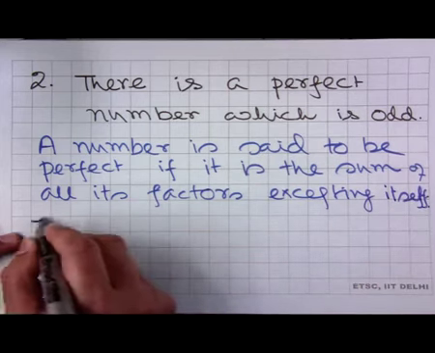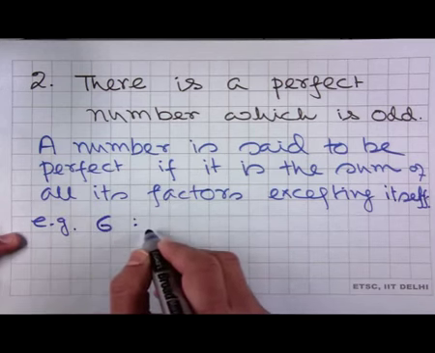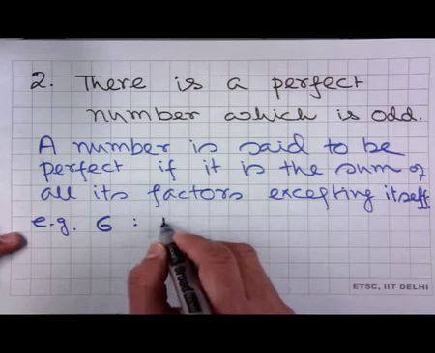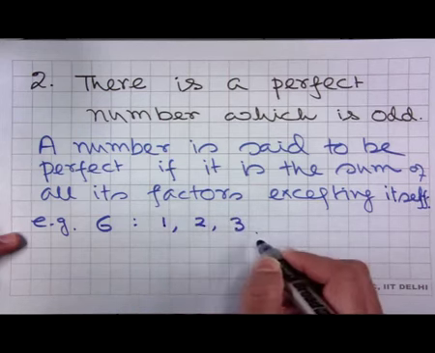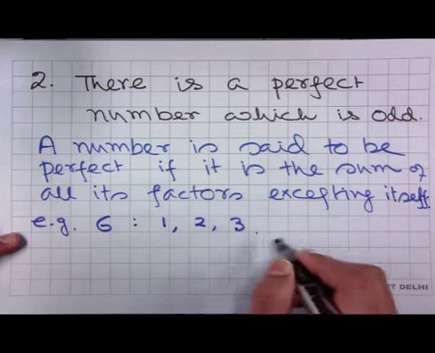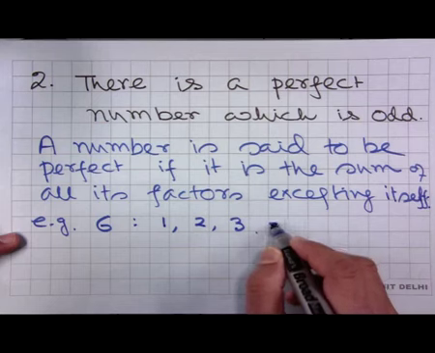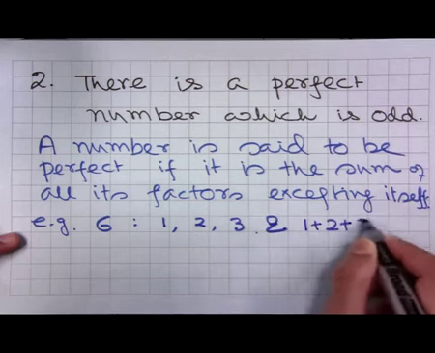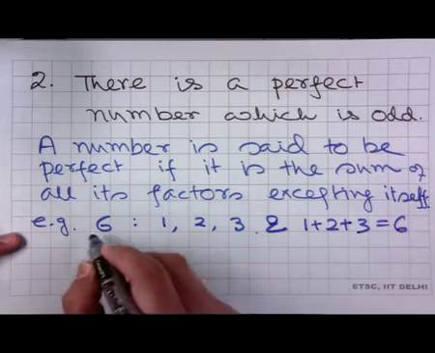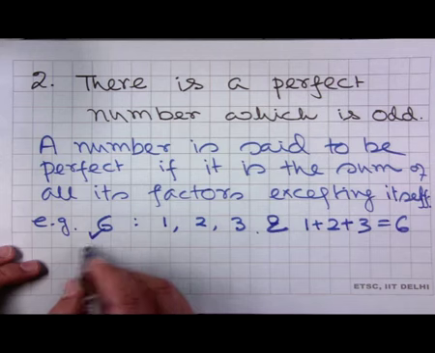For example, 6. The factors of 6 are 1, 2, 3, excepting 6 itself, and their sum is 6, which is the number that has been given to us.